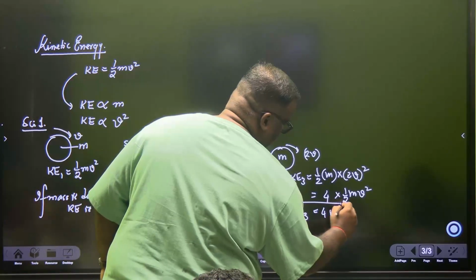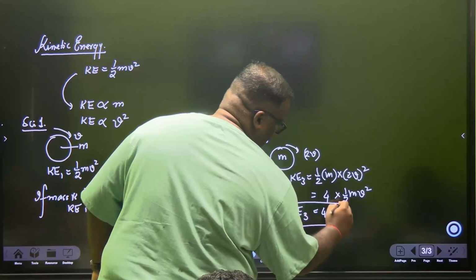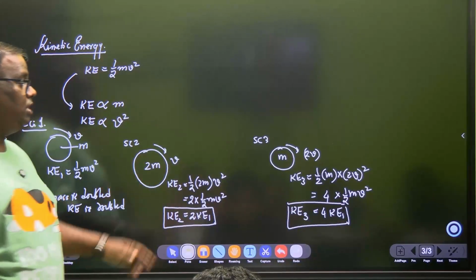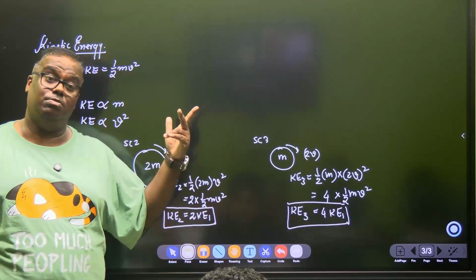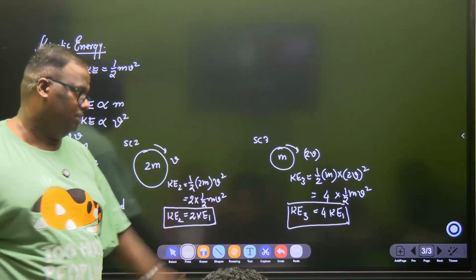This is another interesting finding for a bullet. So here we see, if the velocity is doubled, Ke increases 4 times, quadrupled.